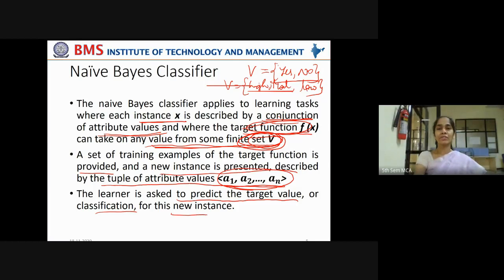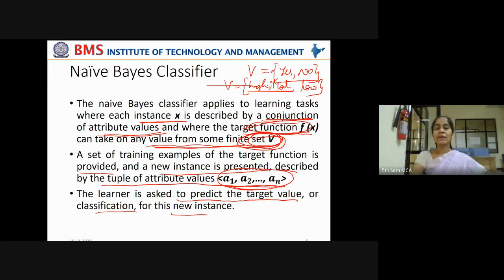It may be that it will not always be a classification task, right? It may sometimes be a prediction task, like forecasting the weather, or estimating the sale price of a house, or estimating the stock price of a share, right? Like this, you may have a classification or you may have a regression problem.